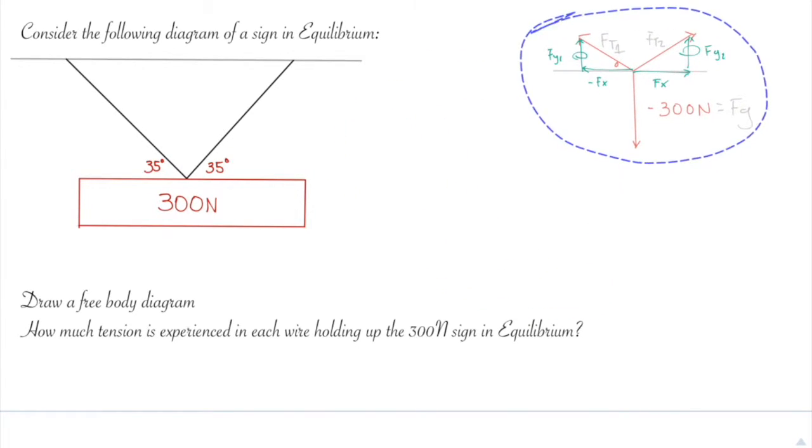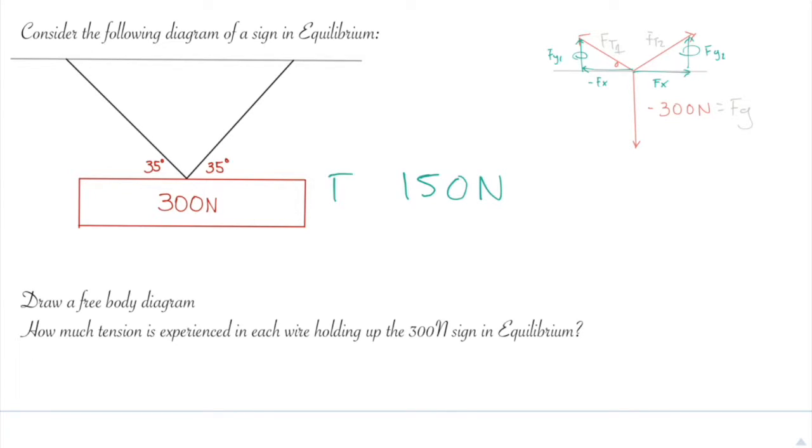Because they're the same, each one must be equal to 150 newtons. So Fy1 and Fy2 are both equal to 150 newtons, and the addition of those 150 newtons opposes the negative 300 newtons of gravity, and that's what makes the net force equal 0 in the vertical direction.